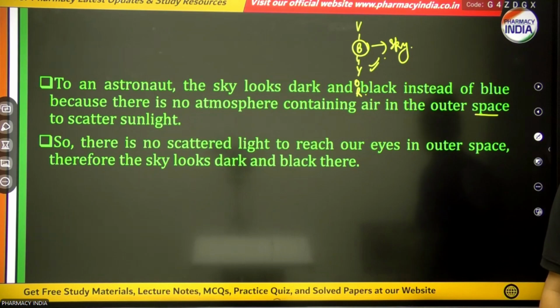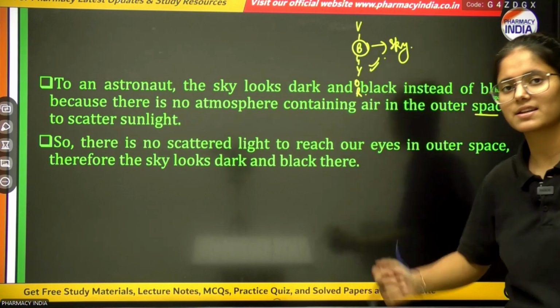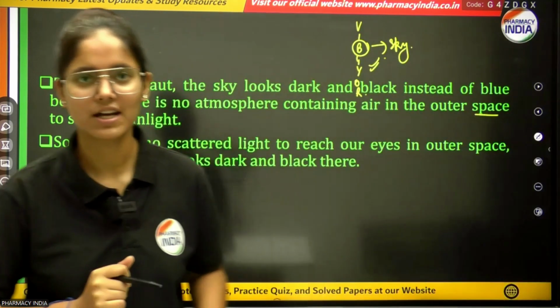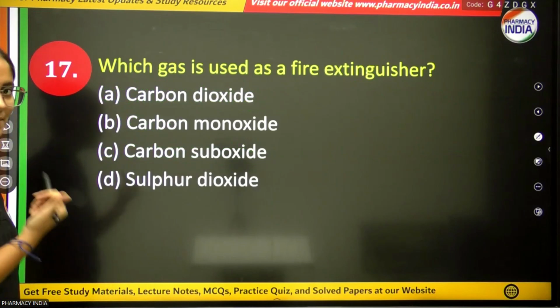But in space, there is no atmosphere, so there will be no scattering of light in outer space. There is no scattered light to reach our eyes in outer space. This is the reason why the sky looks dark and black to an astronaut. Clear? So the correct option will be black.